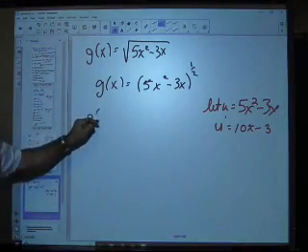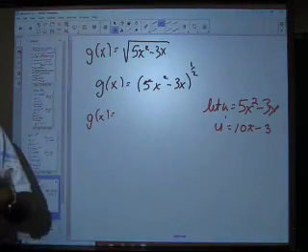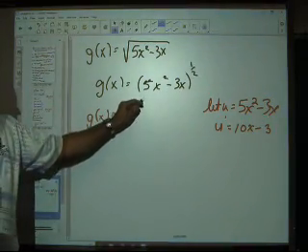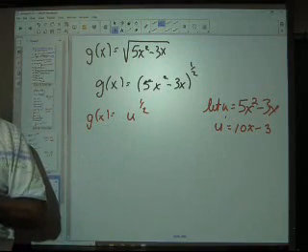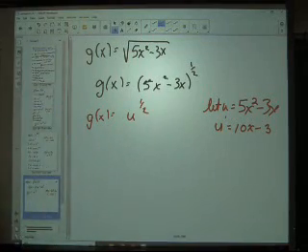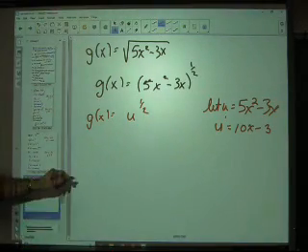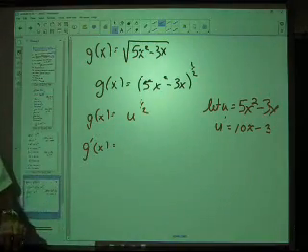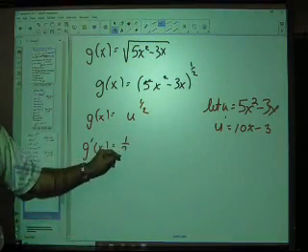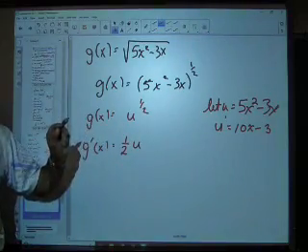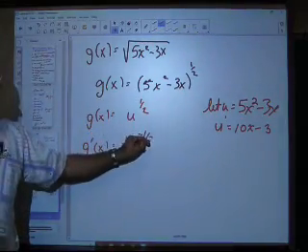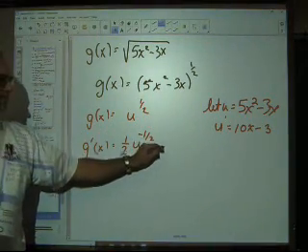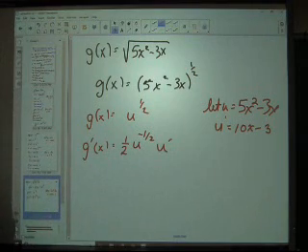And if I rewrite my g function, it's going to look like what before I take a derivative? Would you agree that it's u to the 1/2? Does this make some sense? Okay. Can you now take the derivative of u to the 1/2? The chain rule says we need to include u prime in that.